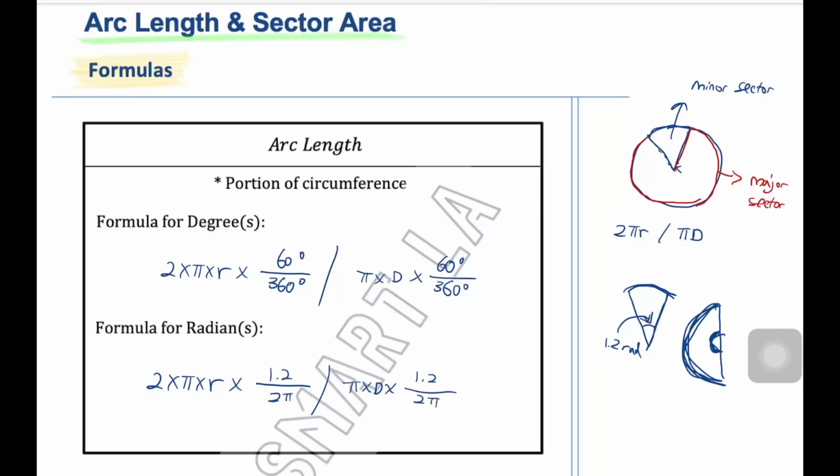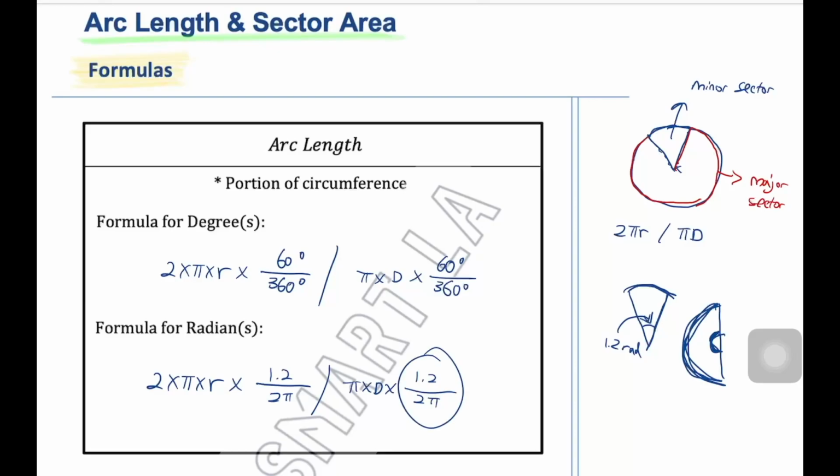What you will notice is that this 1.2 over 2 pi, and this 60 over 360, are fractions that tell you the proportion of the whole circle. How much portion of the whole circle are you trying to find the arc length of? Previously, if it's a semicircle, we'll put half here. If it's 60 degrees, we find the portion, 60 over 360, and multiply by the same formula.